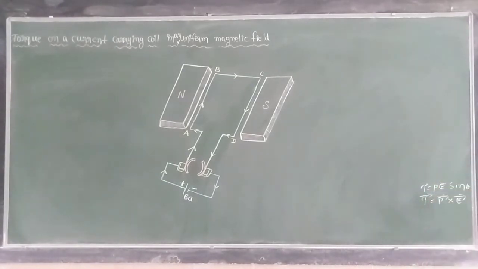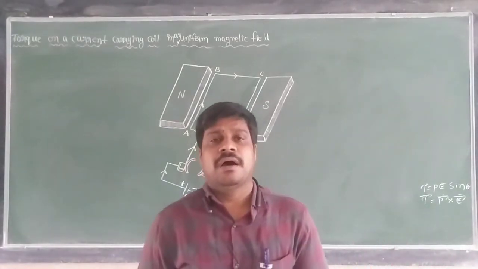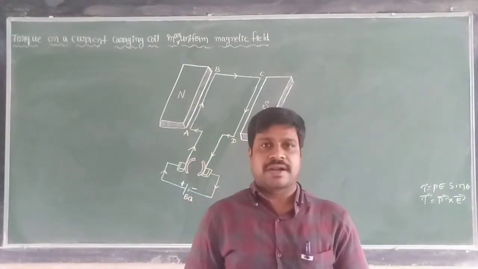Here P is the electric dipole moment, E is the electric field, and tau is the torque. Torque is nothing but the turning effect or rotating effect.